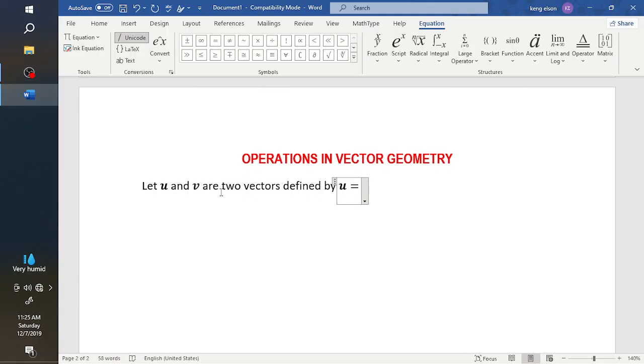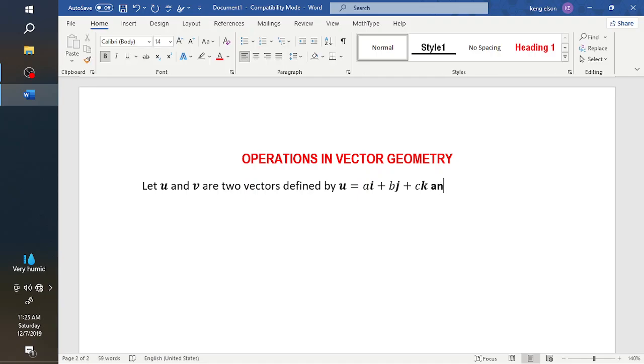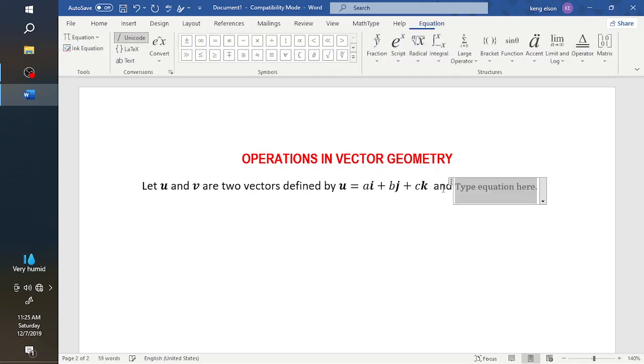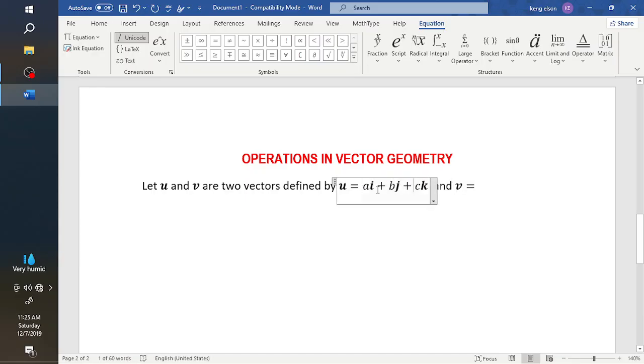So let u be equal to ai plus bj plus ck, where a, b, and c are constants. That is the vector u, and the vector v is equal to xi plus yj plus zk.